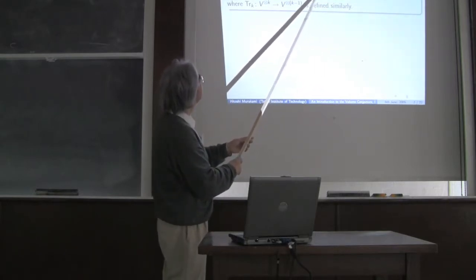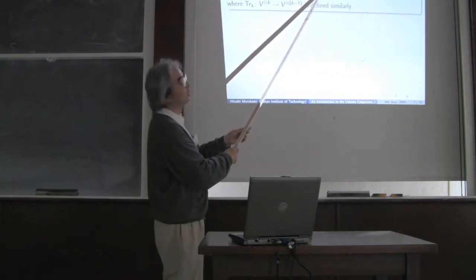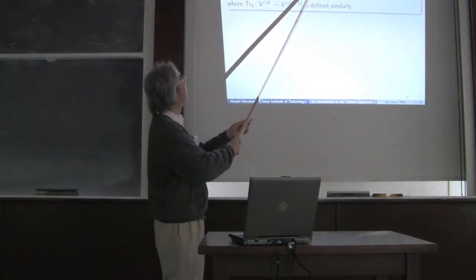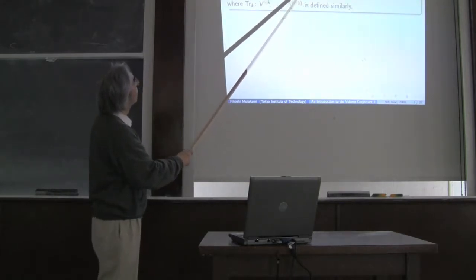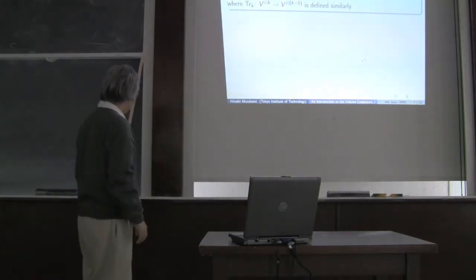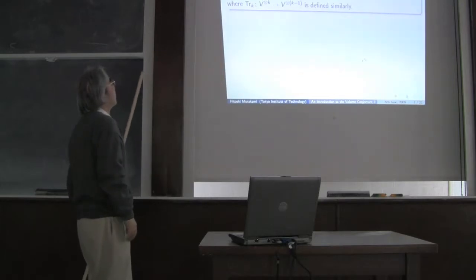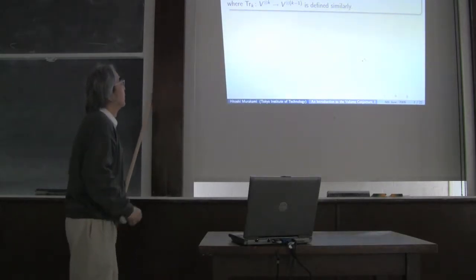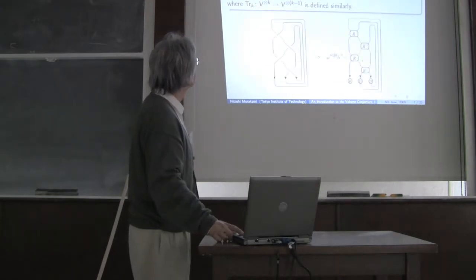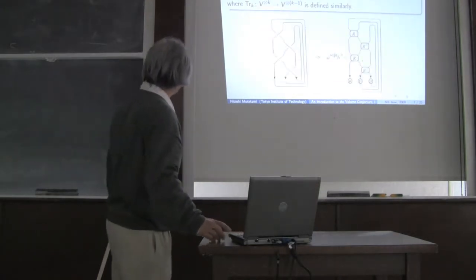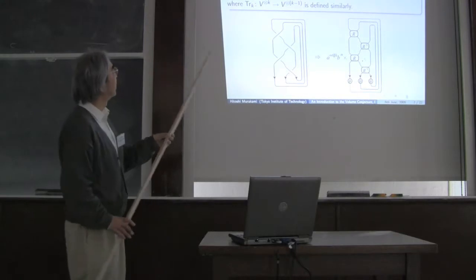Then finally we take trace 1. This is the initial trace, so we get a scalar here. And then we multiply scalars. Then this gives a scalar. And in fact, this is an invariant of a link. So this is how we construct the invariant.